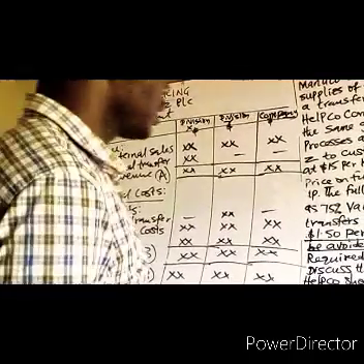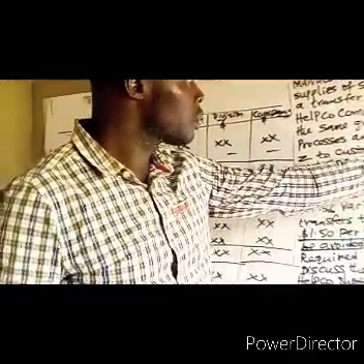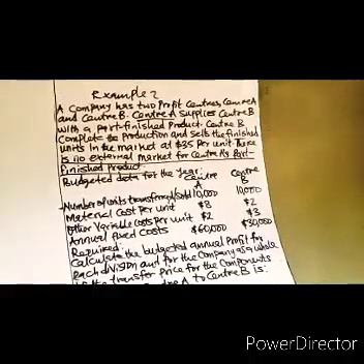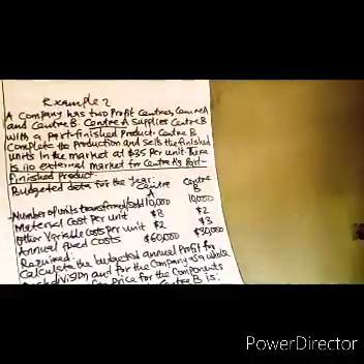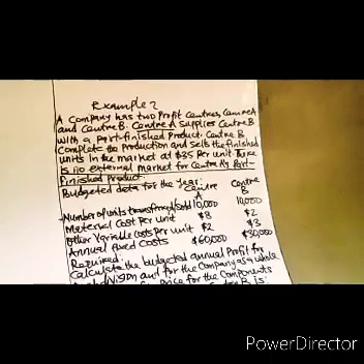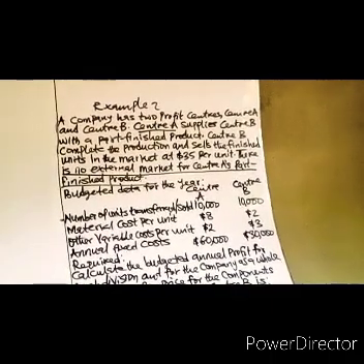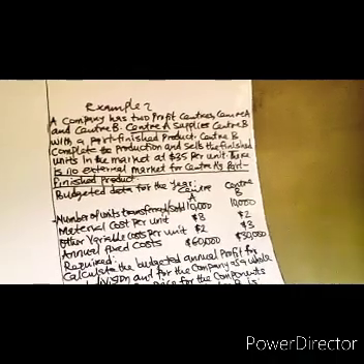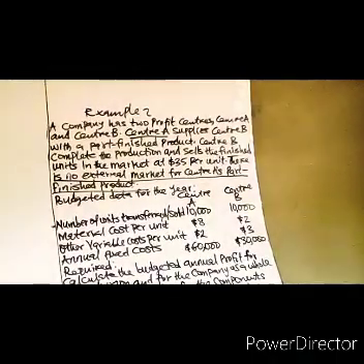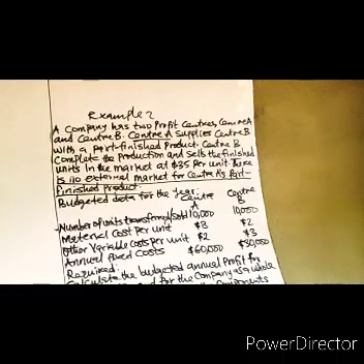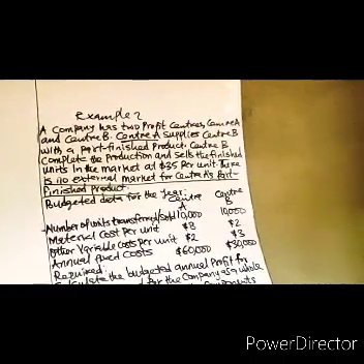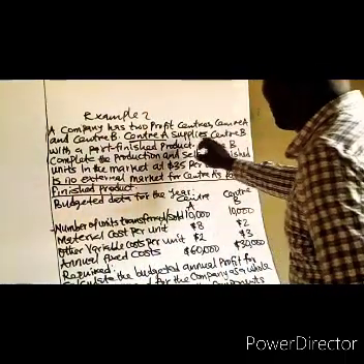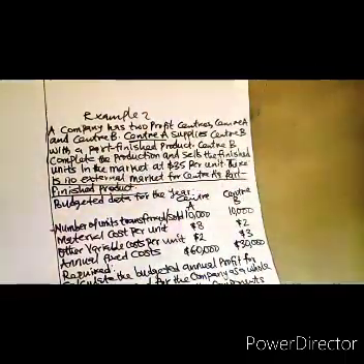So, in transfer pricing, we want to take example 2. Example 2. A company has 2 profit centers, center A and center B. Center A supplies center B with a part finished product.